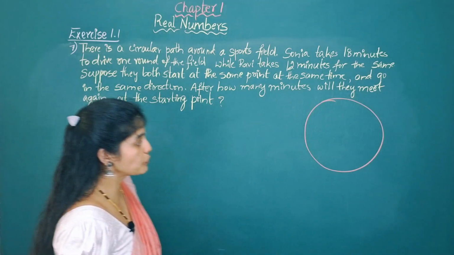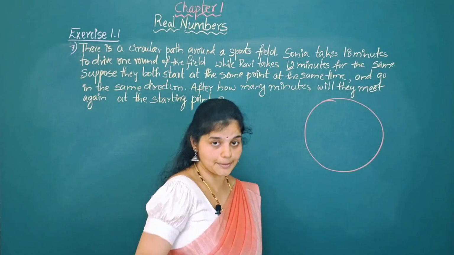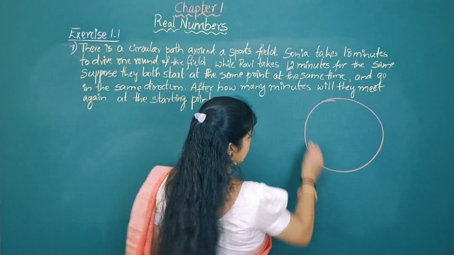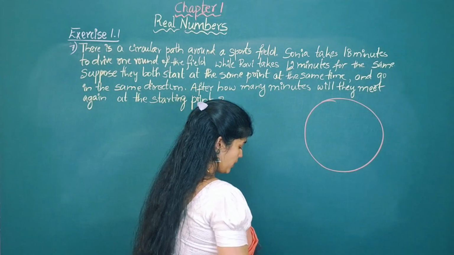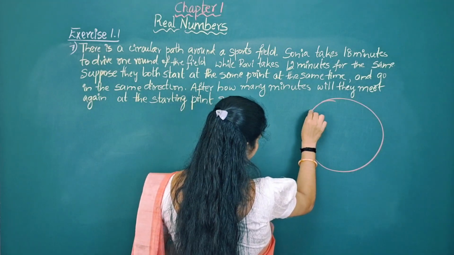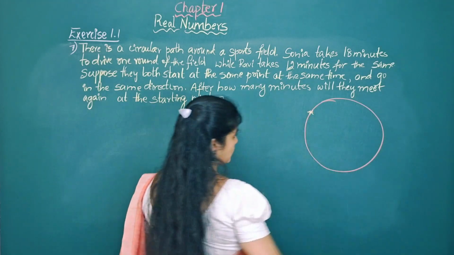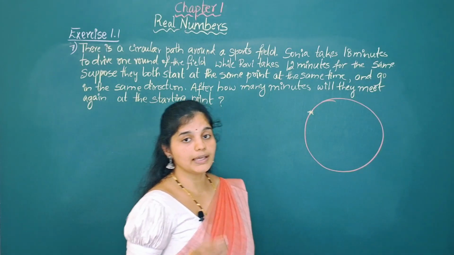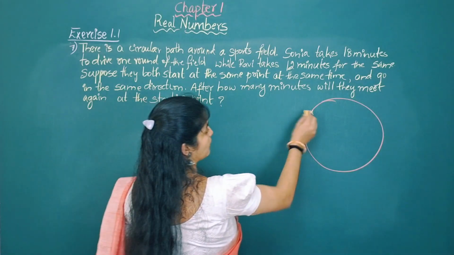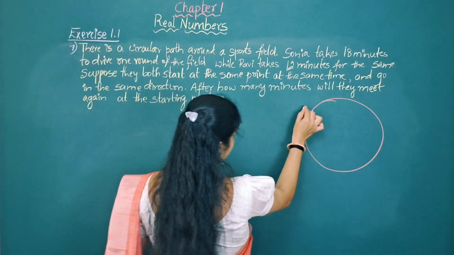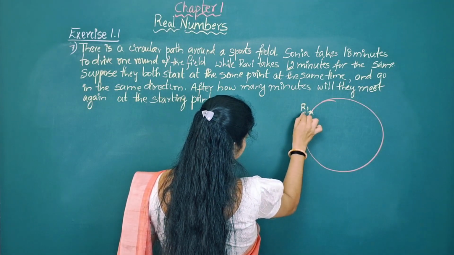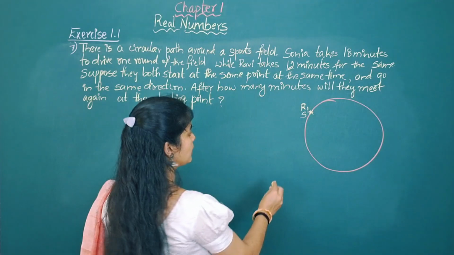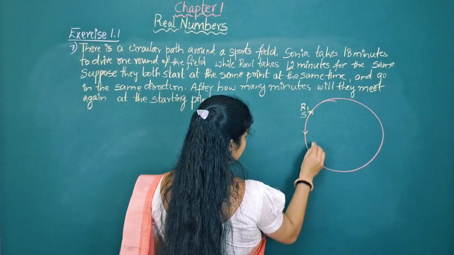Now in the question they have told that they start from the same point and they move in the same direction. If we consider that Ravi and Sonia both start from this particular point, marked with a star, okay, so here both Ravi and Sonia will start their drive from this point and they move in the same direction.